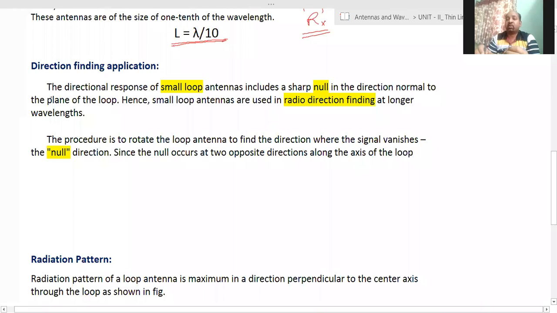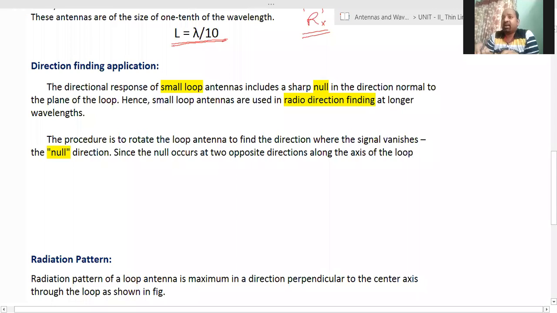That is the reason why loop antennas are also called direction finding antennas.